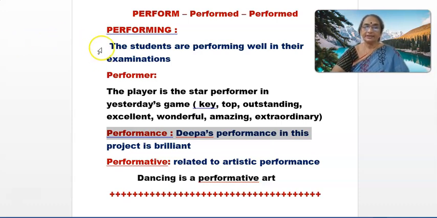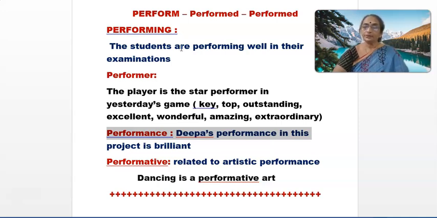See this first sentence. The students are performing well in their examinations. What do you mean by that? You are performing well in your office. You are working well in your office. Here perform means doing well. It is not simply attending the duty of you or me or somebody else. She is performing well in her office.